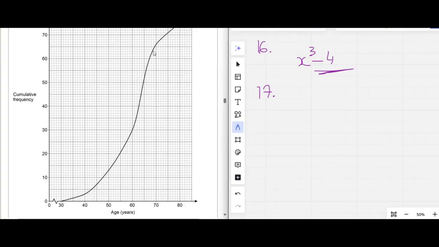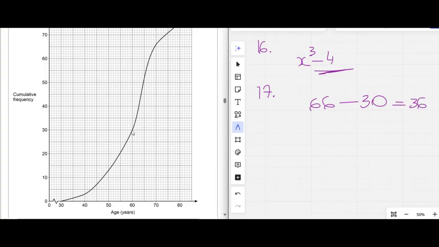In the 60s we have here 66 people, starting from 30. So that's 36 people.